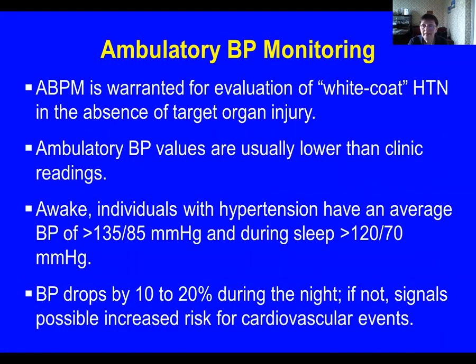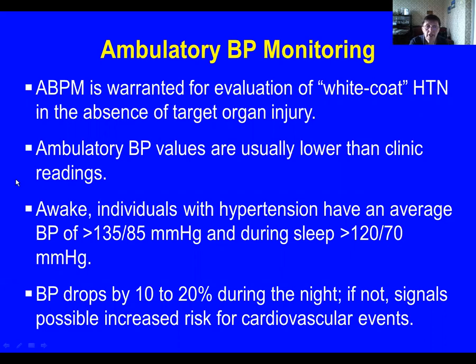Well, the next technique that we can use for measuring blood pressure is ambulatory BP monitoring. It is used for evaluation of white coat hypertension in the absence of target organ injury. And the levels of such pressure will be less than the level of the pressure measured in the clinic, in the office.